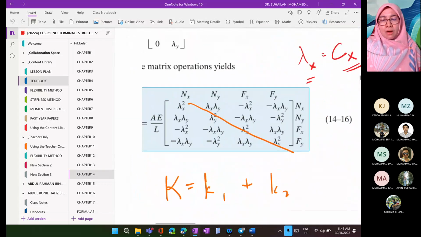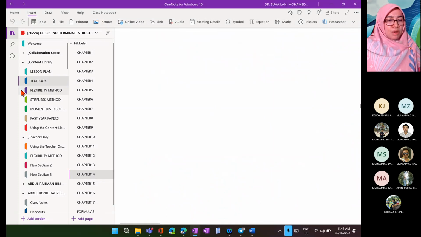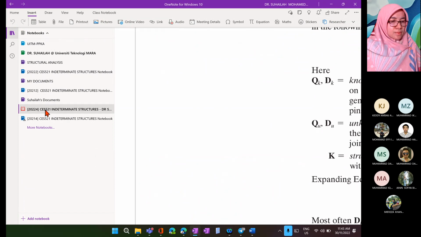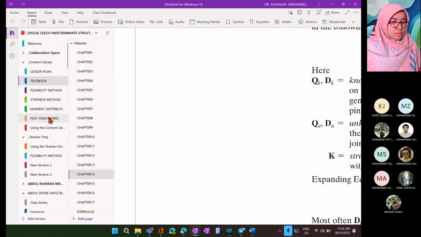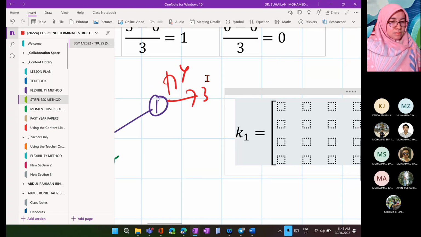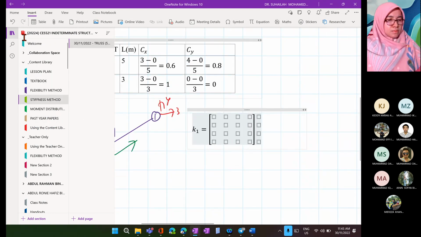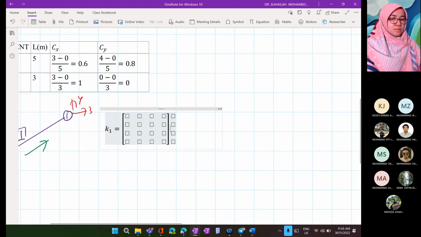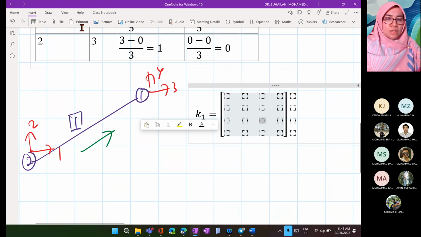Lambda or C is equal to... So the formula is actually like this.